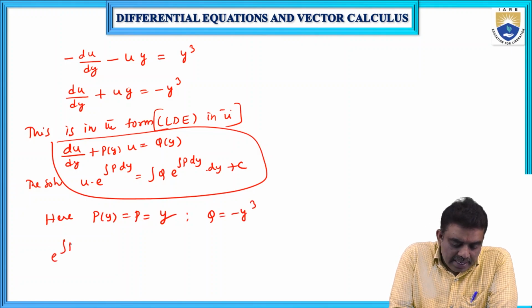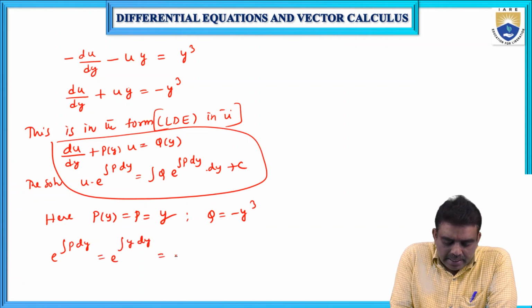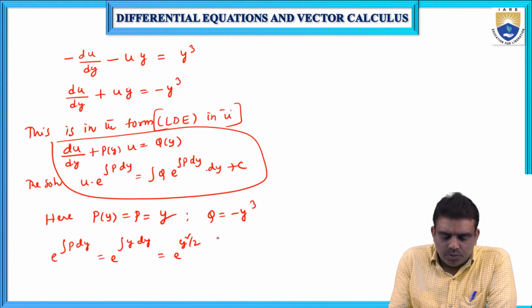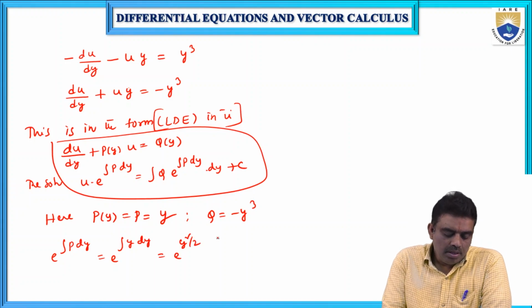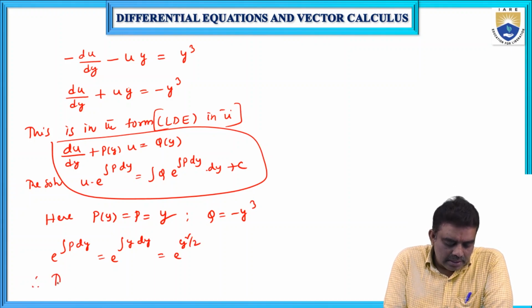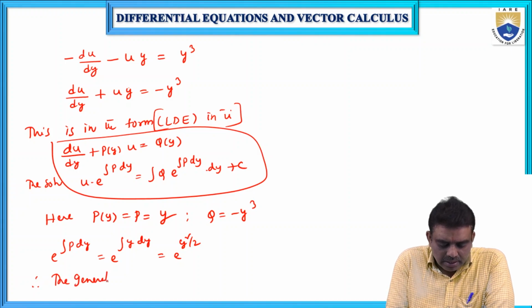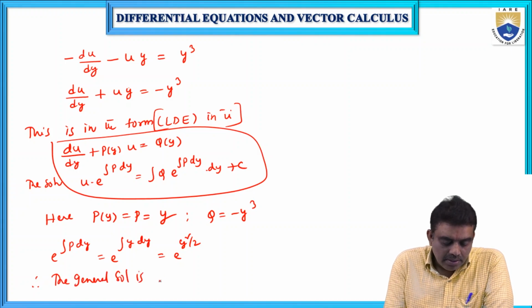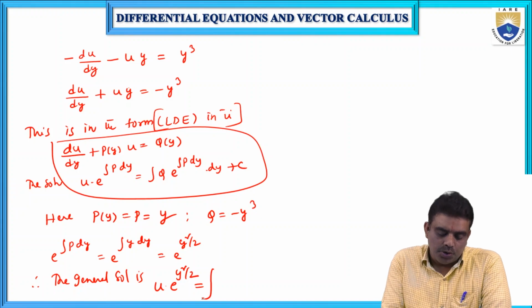And e power integral p dy, that is e power integral y dy, that is e power y square by 2. Therefore, the general solution is u into e power integral p dy, e power y square by 2 is equal to integral q.